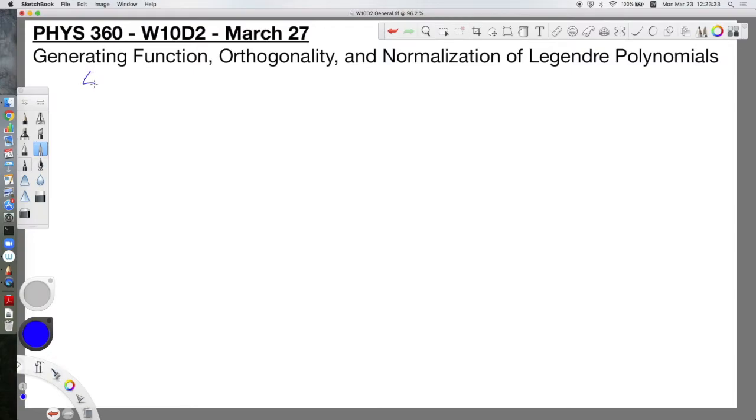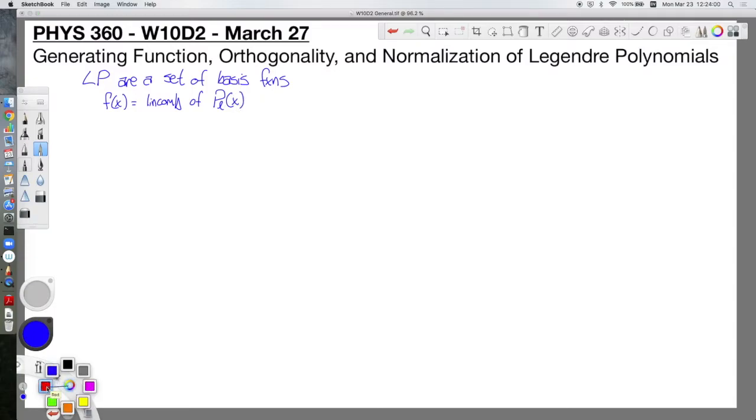And in this sense, the Legendre polynomials, P_L, are a set of basis functions, because we can write some function f of x as a linear combination of Legendre polynomials, at least some functions.